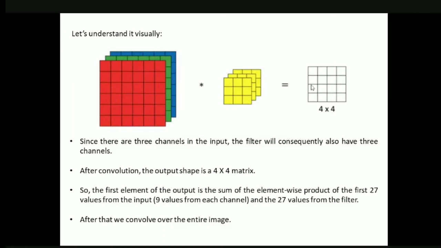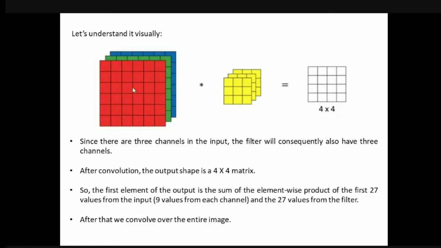So how are we going to get the first value in the 4 by 4 output? Can anyone say? We are going to do an element-wise product of the first 27 values. See, in the R channel the first 9 values, the G channel the first 9 values, and the B channel the first 9 values. So how many values? 27 values.